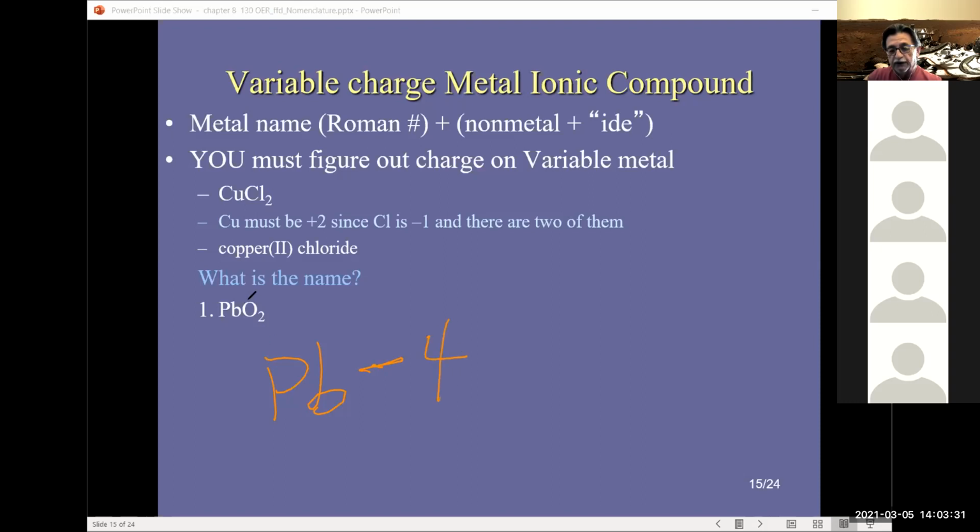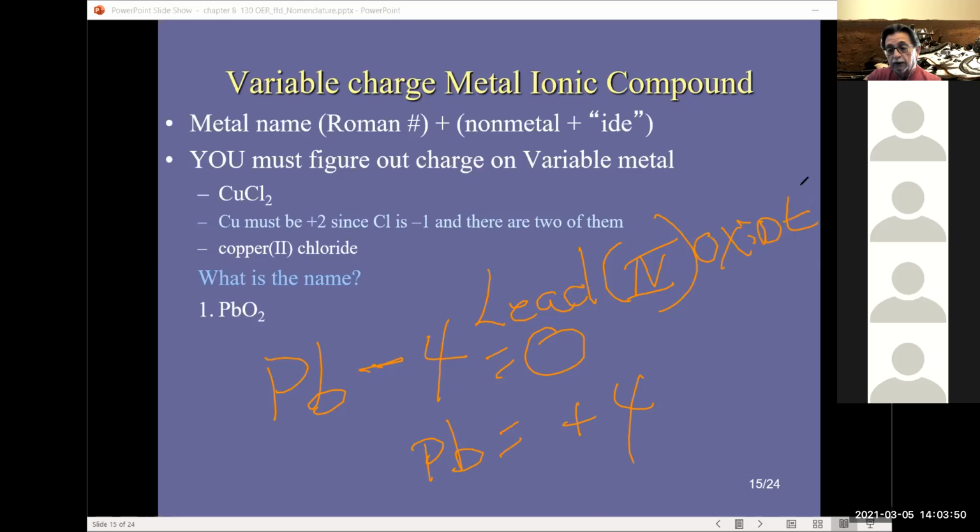Because each one is a -2. I got 2 of them, and that is equal to 0, which tells me that the lead is equal to a +4, which tells me that I'm working with lead, parentheses, IV, and parentheses, oxide.